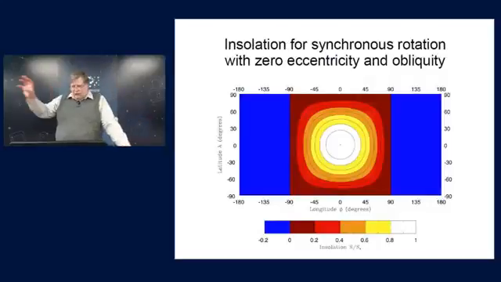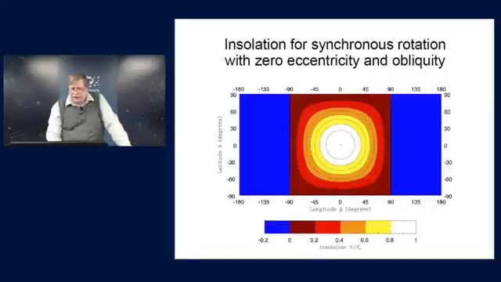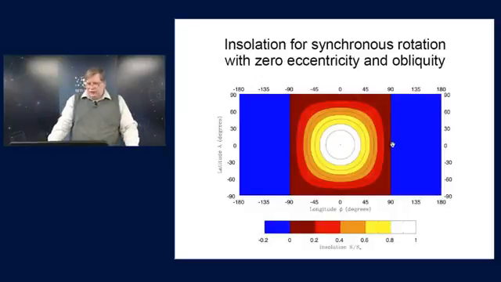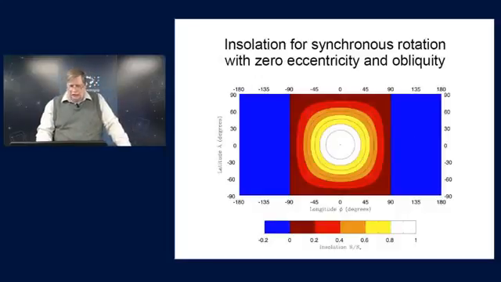Here's a planet that's always facing onto its sun, and the sun is hovering right over the subsolar point there, never moving, and this entire hemisphere is illuminated, and the illumination drops off as the cosine of the latitude, the distance from the subsolar point, until you get to the terminator, and then the whole far side of the planet is dark, and that's what the blue contours are for. There's no insolation there at all.